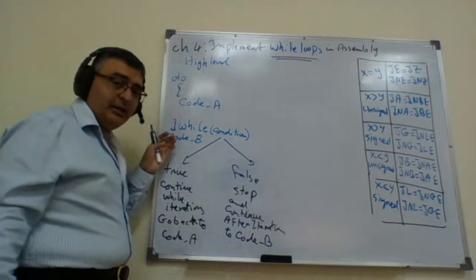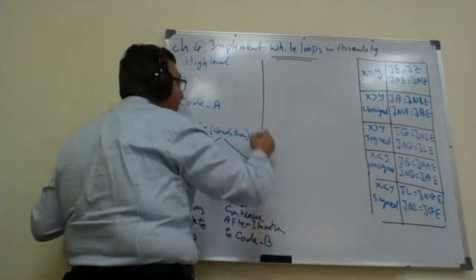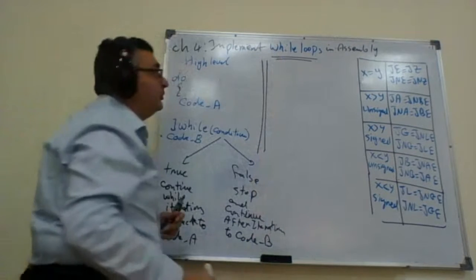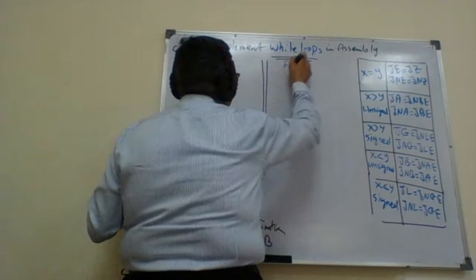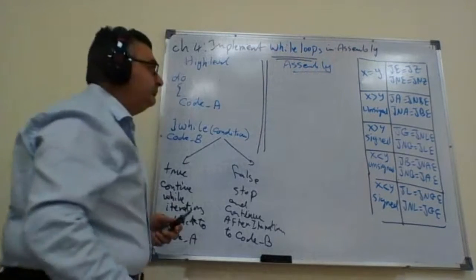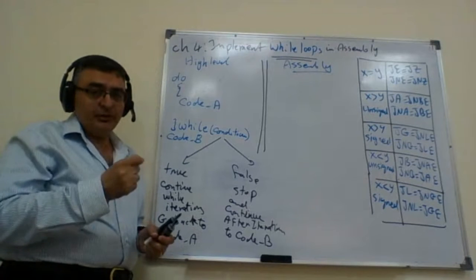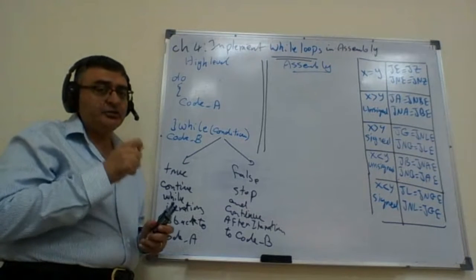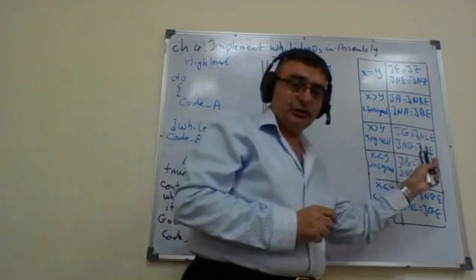We have to understand the while loop before we check any implementation in the high-level language or in the assembly language. So here is the assembly. Remember something, and I am reiterating this many times: conditional jump instructions.